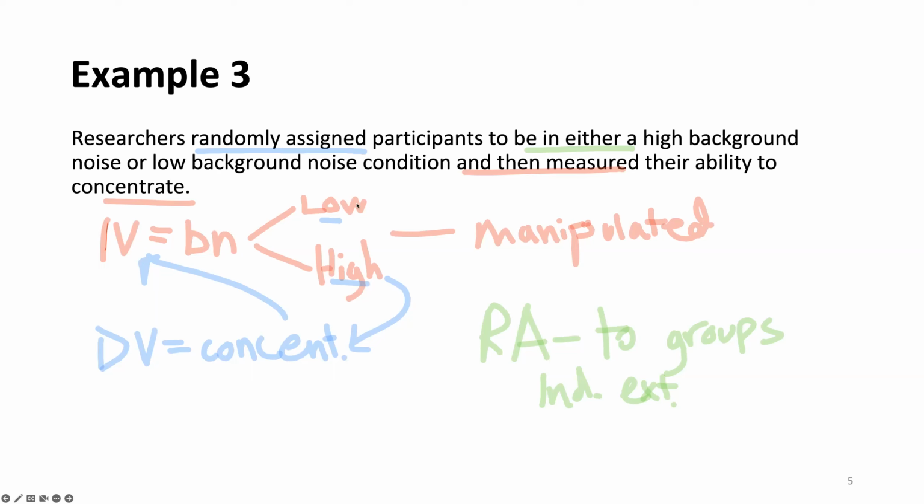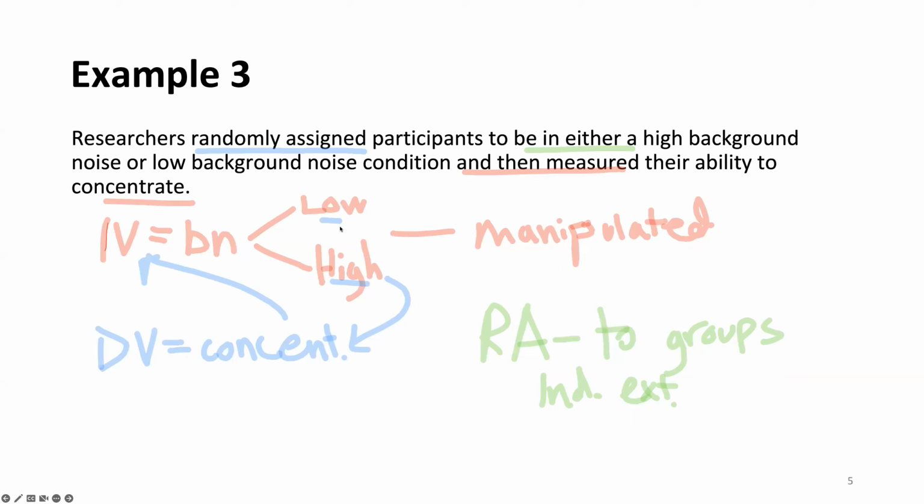So that way it's not affecting our outcome. It's not affecting this concentration after the manipulation. So you would end up having about the same number of men and women and non-binary people in each condition. You would have about the same number of people who are stressed out, or different levels of stress would kind of even out between these conditions.